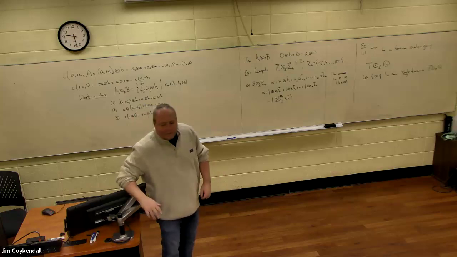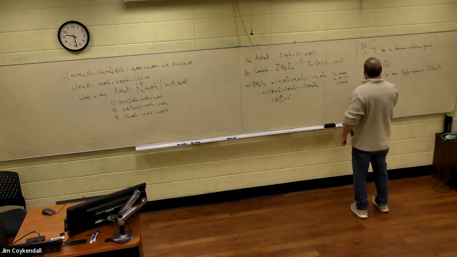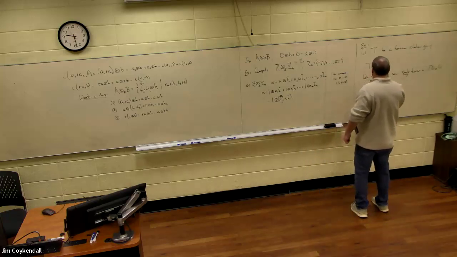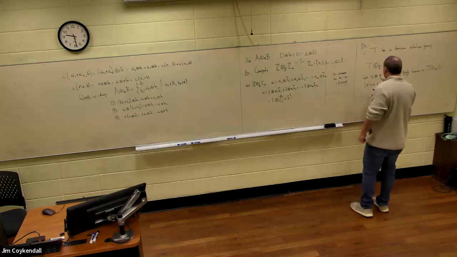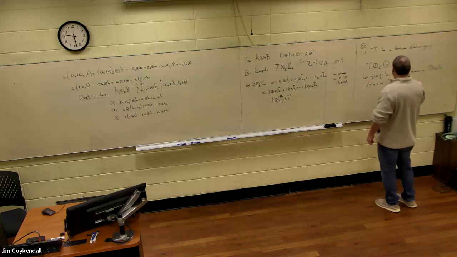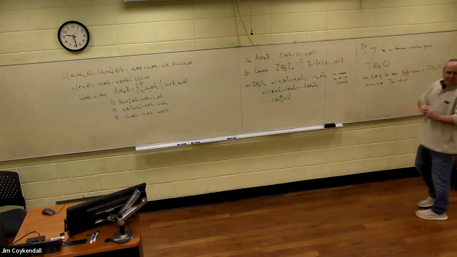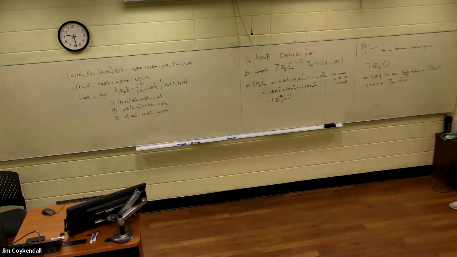Do I agree with that? Suppose the order of T is N. Then N times T is zero. So if I add T to itself N times, it is zero, right?